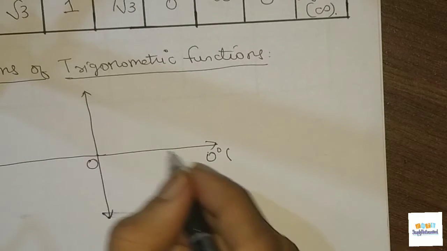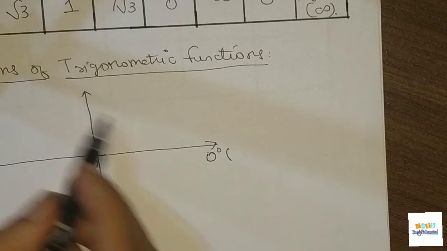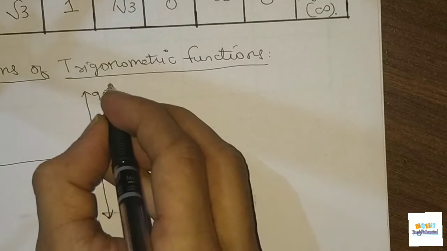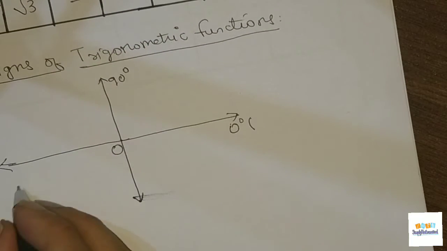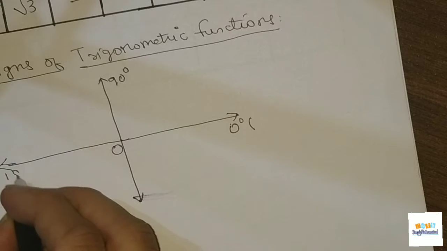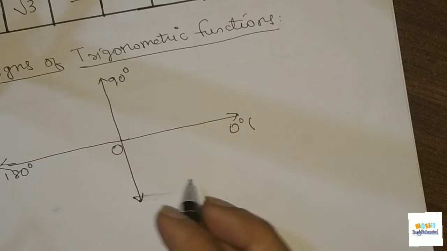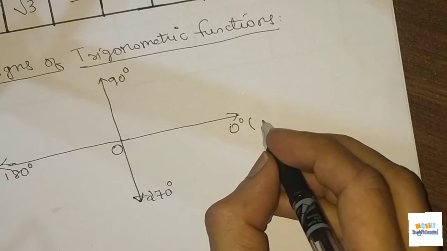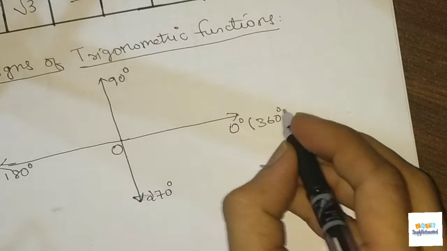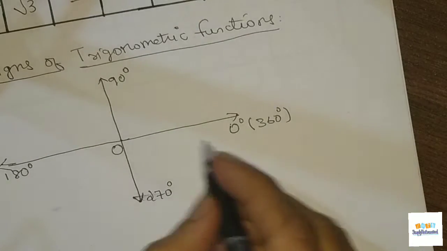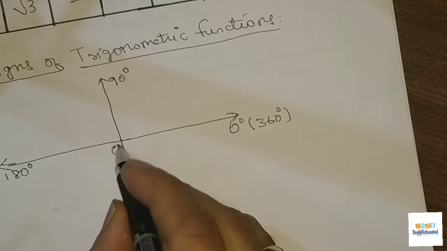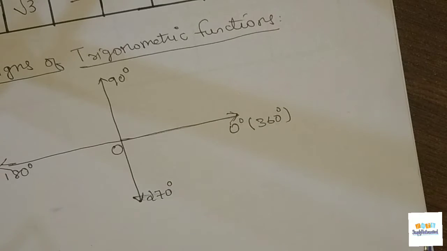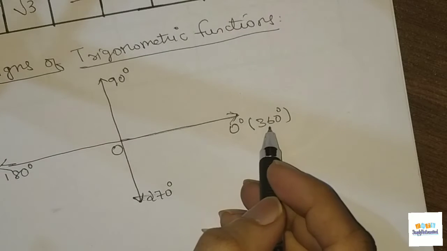Then here this is 90 degrees, right. Then here it will be 90 plus 90, which is 180, right. 180 plus 90, which is 270 degrees, and 270 plus 90 again will be 360 degrees. So 0 and 360 degrees are here only, on the positive x-axis, that is the 360 degrees.